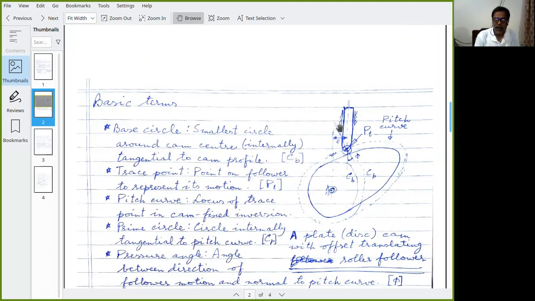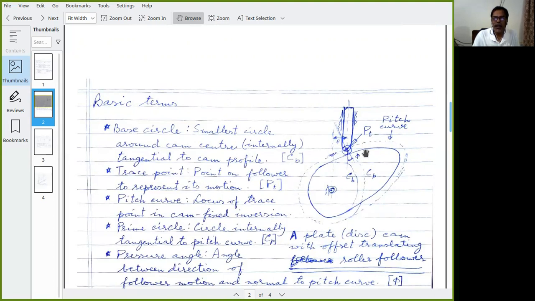The pencil cross section, you sharpen it and make it a knife edge. So that is a knife edge follower, and this is a roller follower. You can also make a spherical end of the follower, then you would have a spherical follower, or you can make a flat face at the end, that would be a flat face follower.